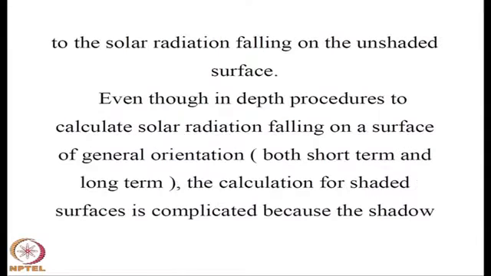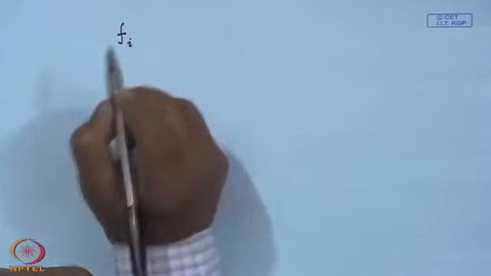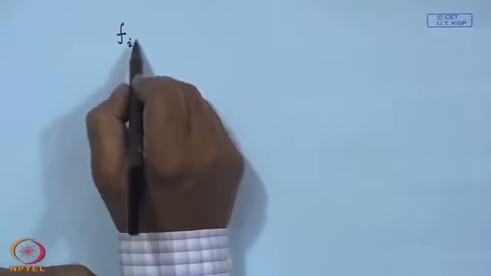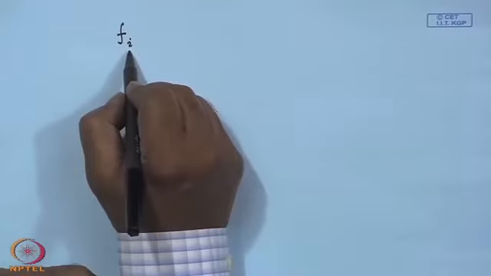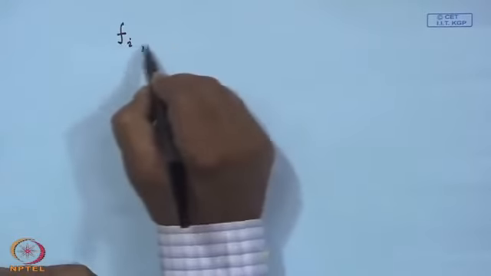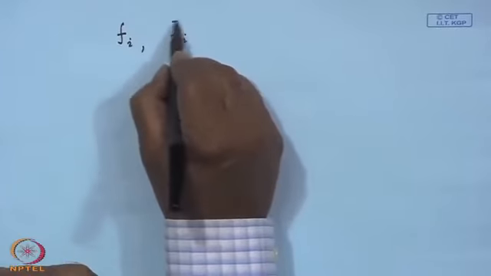Consequently, the radiation that is likely to enter through transmittance of the glass cover will be impaired by the factor which we call the shading factor, since the entire window is not exposed to the sun's radiation. So, now you can have that shading factor, just to distinguish it from our solar load fraction, and this is actually I, which stands for illuminated area. It can be short term like an hour or long term over a period of 1 month or a day.